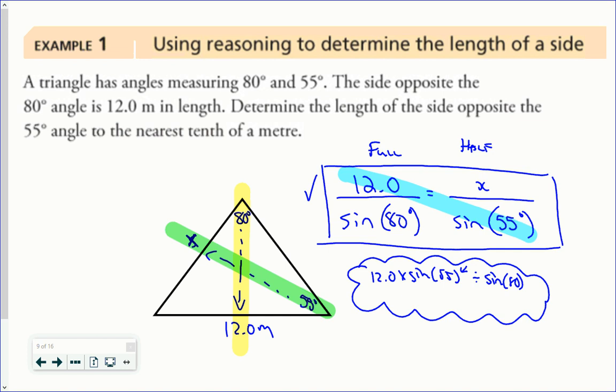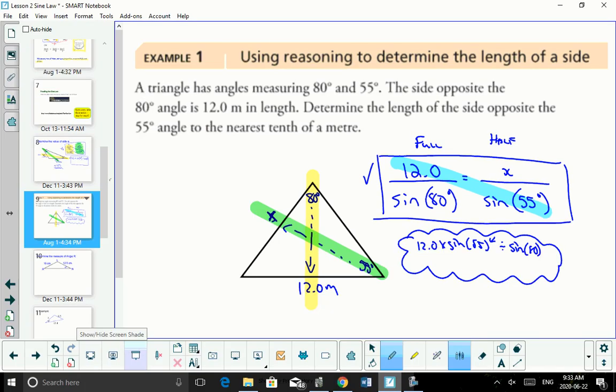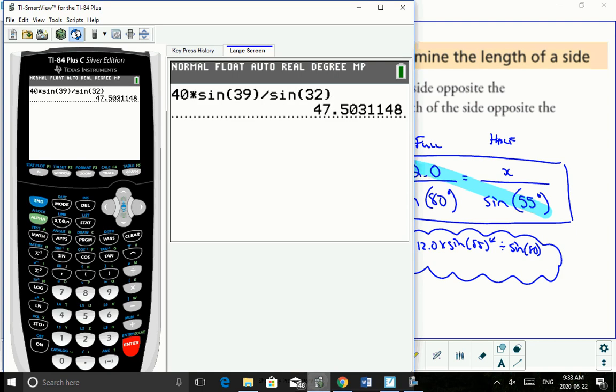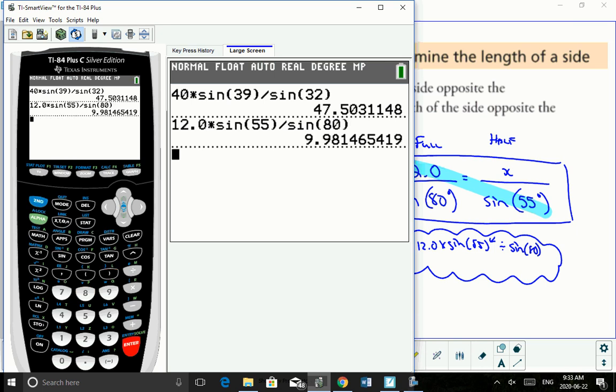So again, you're not hitting second because we're not looking for an angle, we're looking for a side length. So we're going to go 12 times sine 55, finish off the bracket, divided by sine 80. Okay, hit enter. So we get 9.98.